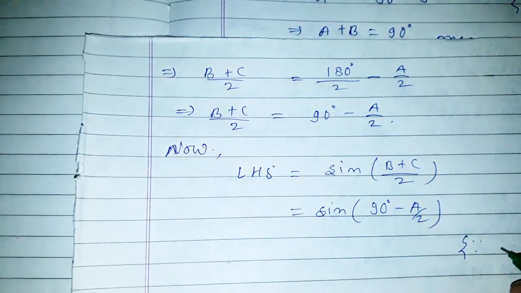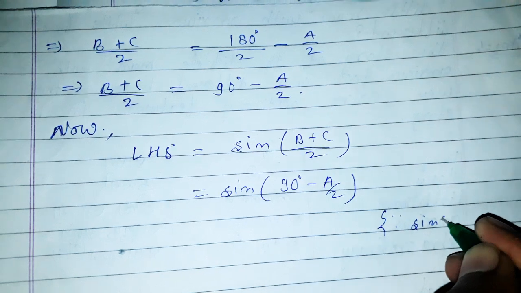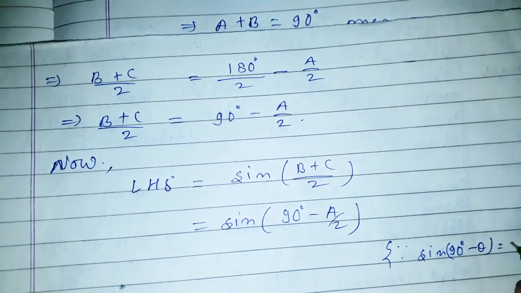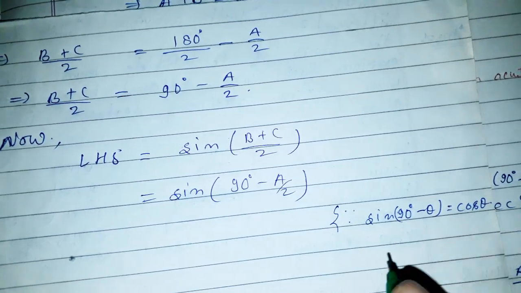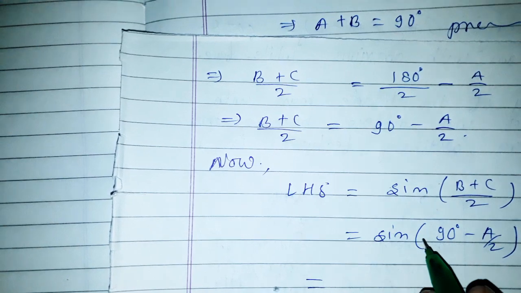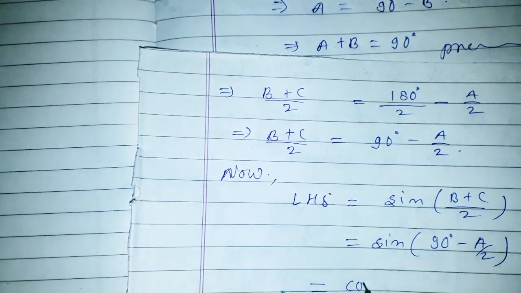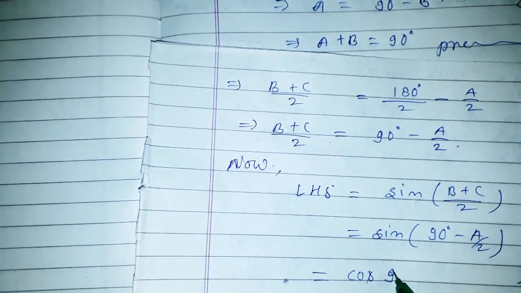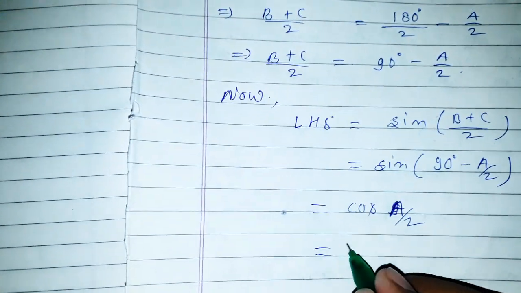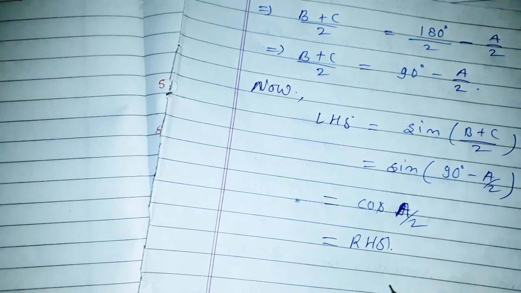What is the formula? We know that sin 90 minus theta is equal to cos theta. So use this formula here: this is cos A by 2. So this is RHS. Hence proved.